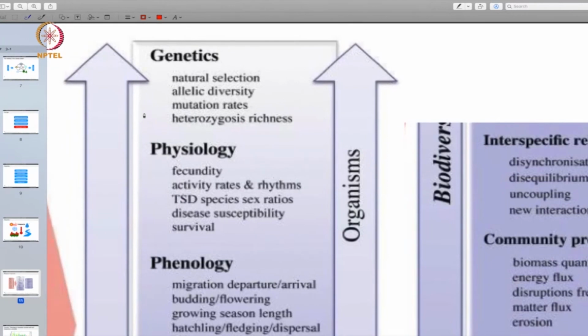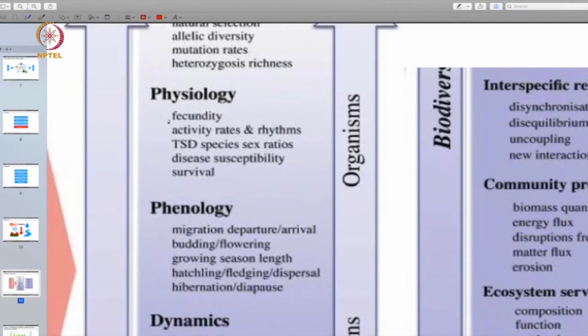There are changes in mutation rates in different organisms because the mechanisms that are there to correct for mutations are hindered because of an increased temperature and because the animal is not that fit. There are changes in the heterozygosis richness. There are changes in physiology, changes in fecundity. So organisms will be having less or more number of offspring.